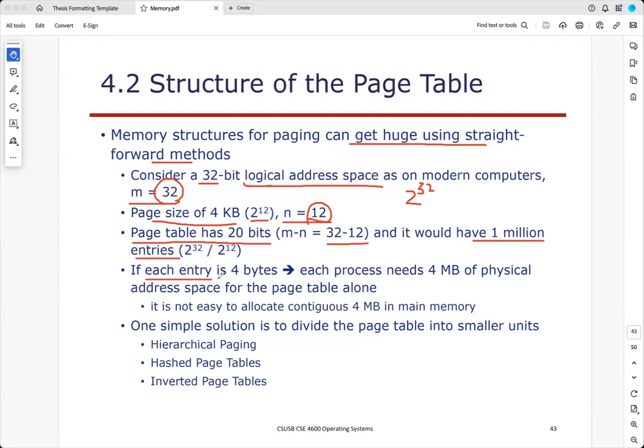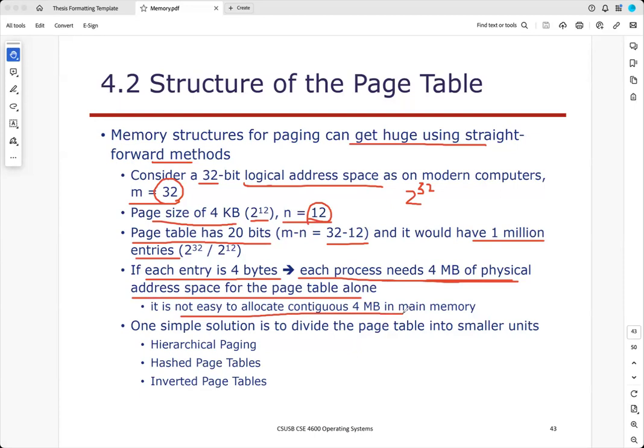If each entry is 4 bytes, each process needs 1 million times 4, which is 4 megabytes just for the page table. Each process needs 4 megabytes of physical space just for the page table. But it's not easy to allocate a contiguous 4 megabytes in main memory.